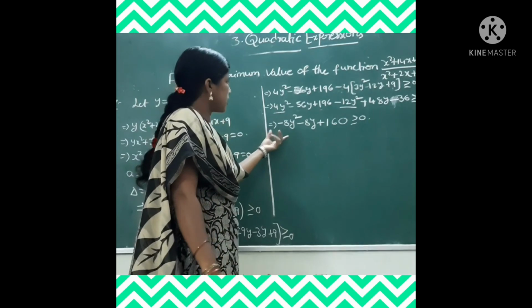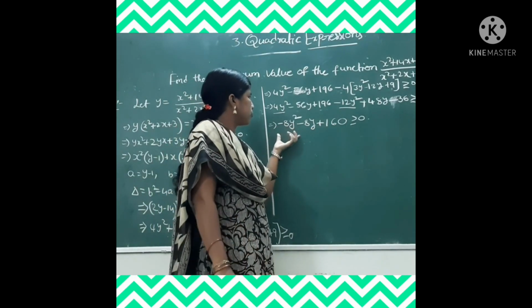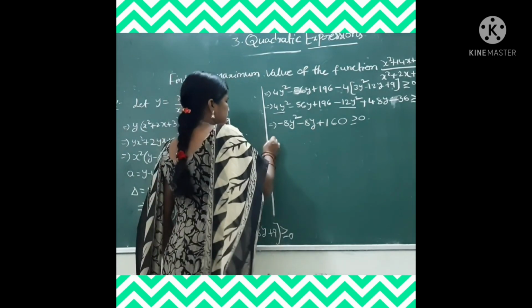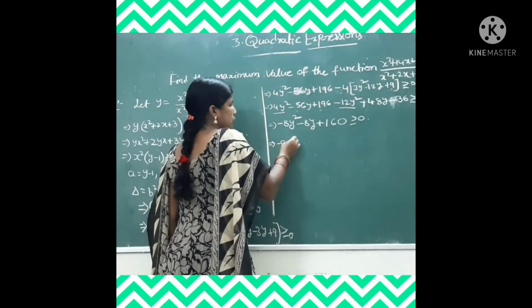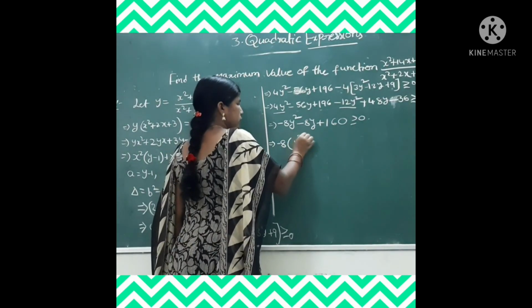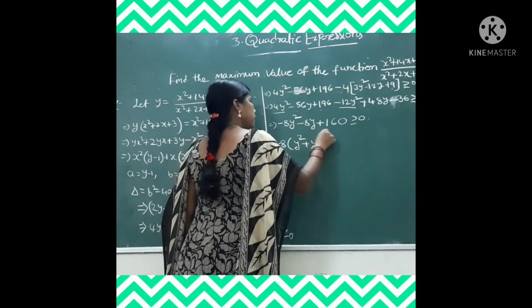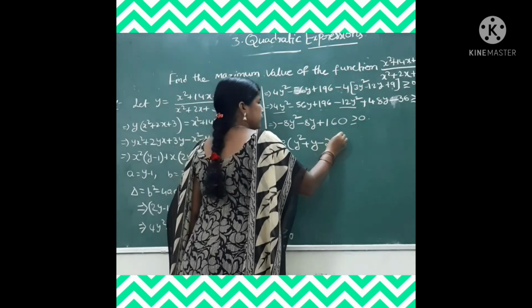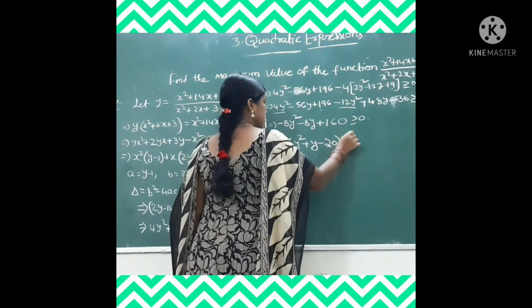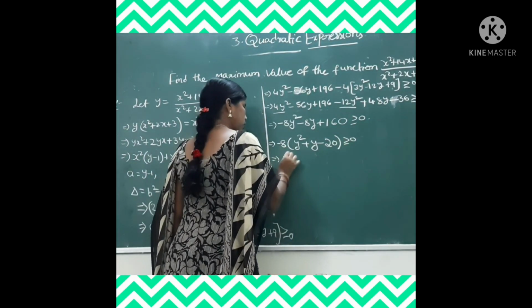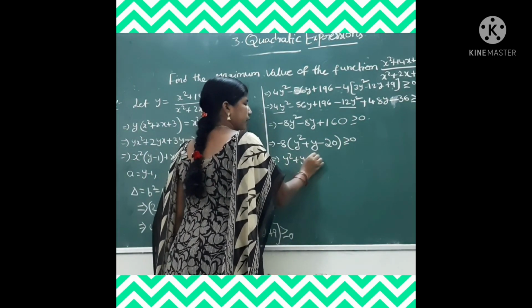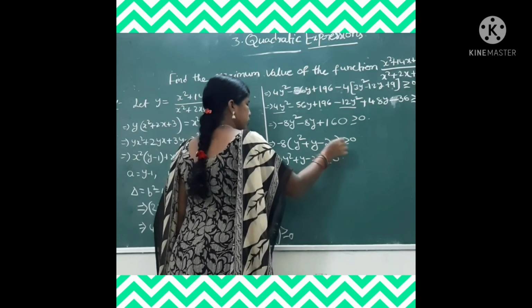Okay, in this equation we can take minus 8 common, so y square plus y minus 20 is greater than or equal to 0.